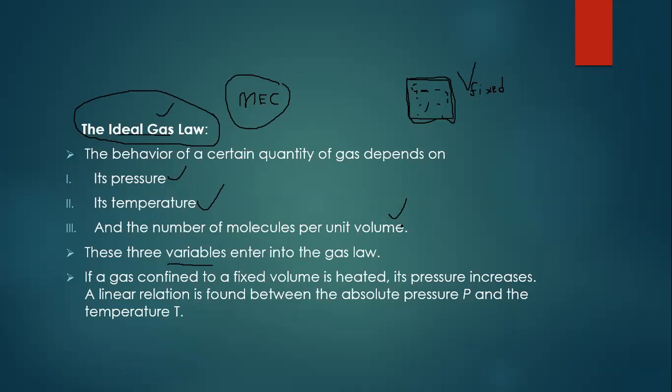So at this point, we're going to eliminate volume by making volume constant, so that we can look at pressure and temperature, how they interact with a gas mechanically. So if a gas is confined to a fixed volume, and it is heated, its pressure will do what?